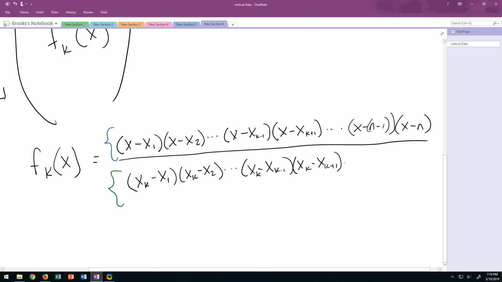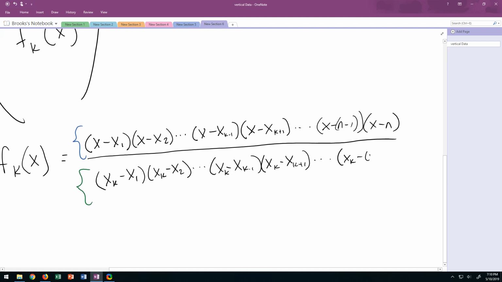So we skipped the x sub k minus x sub k term, which is good. All the way up to x sub k minus x sub n minus 1 and x sub k minus x sub n. Excuse me, up here I made a mistake. This should be x sub n minus 1, shouldn't it? I think so. And this one should be x sub n. Sorry for that little mistake there. And done with the green chunk.